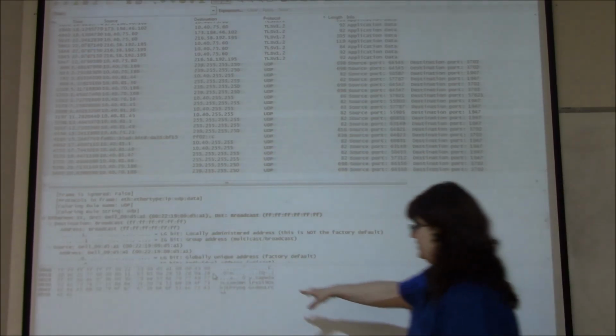If I want to look for the MAC address, then I want to look in the frame part. In this case, it's all Fs, so it's a broadcast. Keep in mind, this is reinforcing the layer 2 and layer 3 stuff that we talked about, and even layer 1, because you can see the bits as they actually occur.